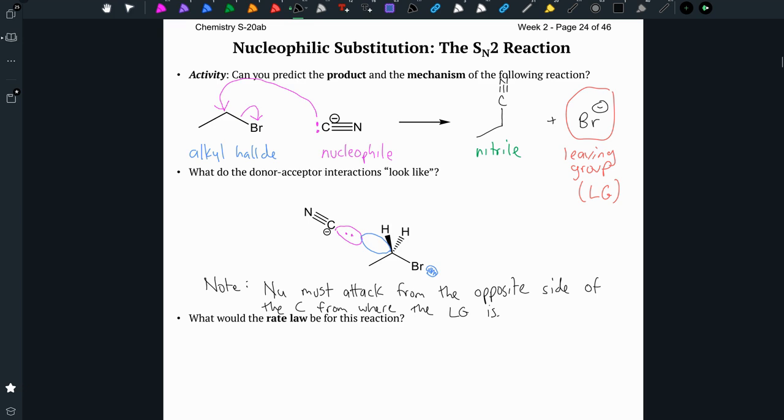We say that SN2 occurs with a backside attack. That's going to have some implications that we'll talk about in a minute.